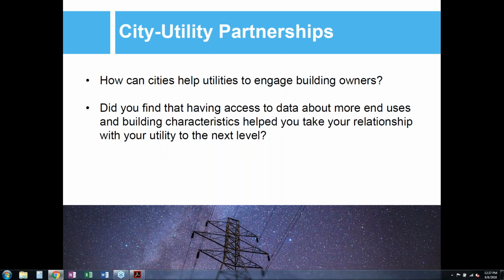Whereas the city, especially cities that have set specific climate change goals, have just a different driver, so there's a different understanding when they approach. So we're considering it, but ultimately it's too soon for us to make the call. But I do personally see some value in the relationship for sure.